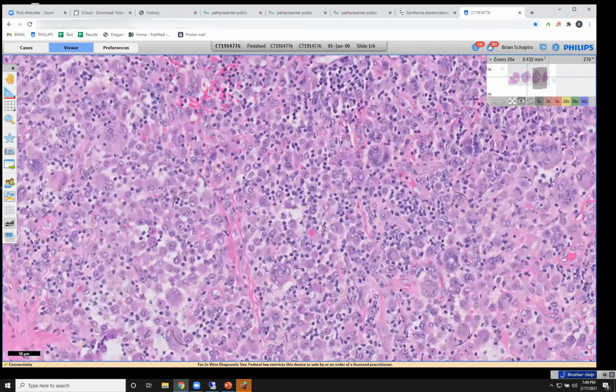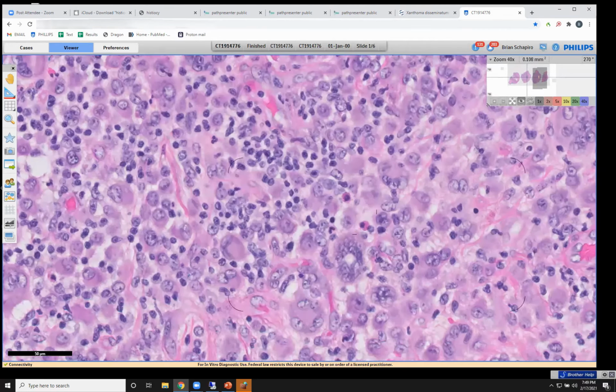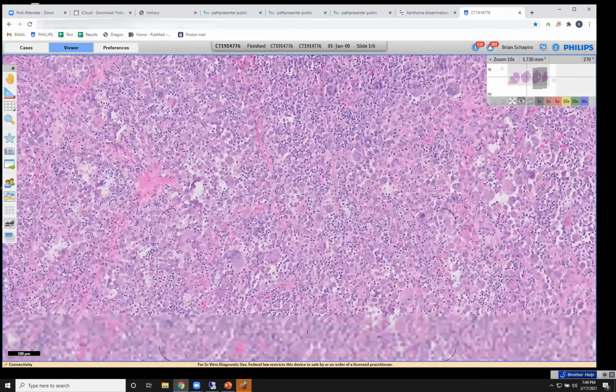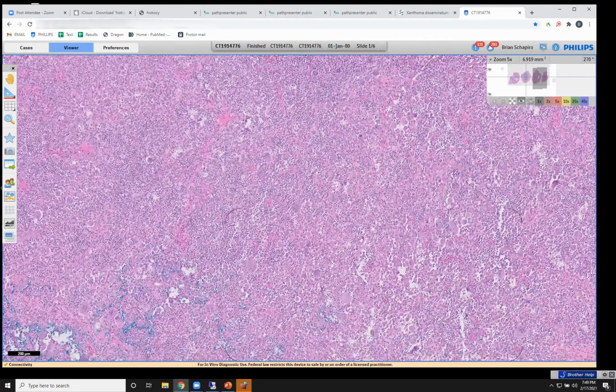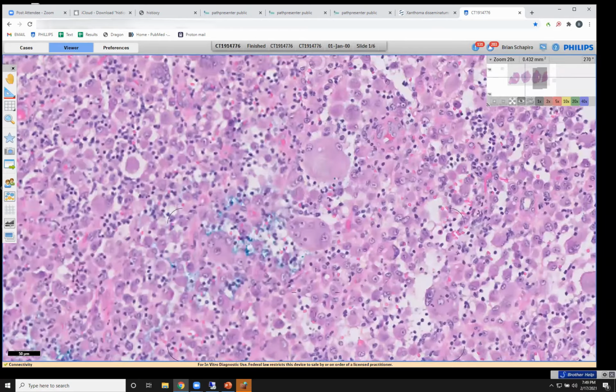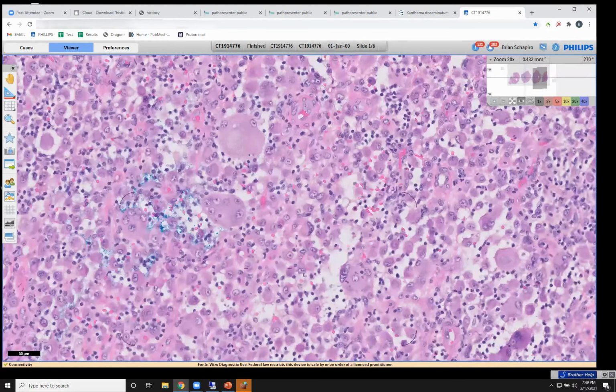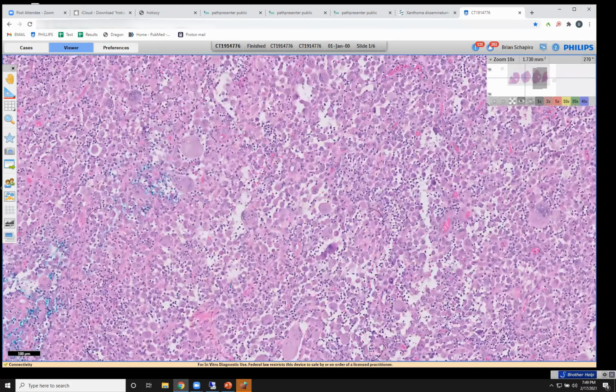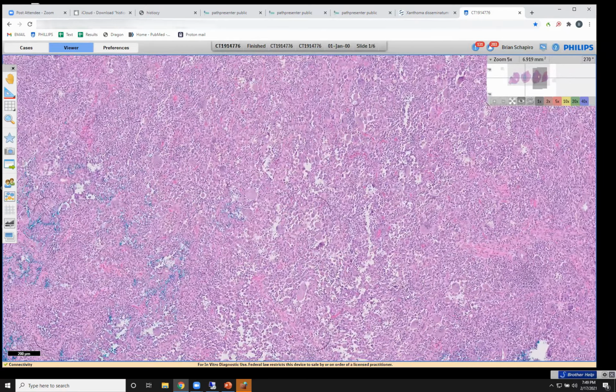So this is emperipolesis. You've got some eosinophils. These don't help. But to just get the diagnosis from this, I think would be very difficult to be definitive. So the next things you need are special stains. And I'm going to show you some of those now.